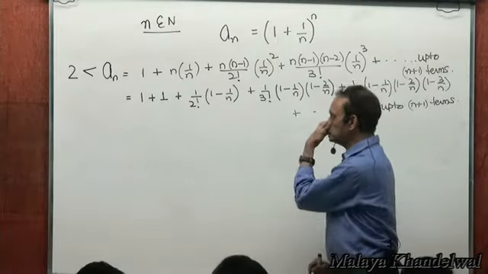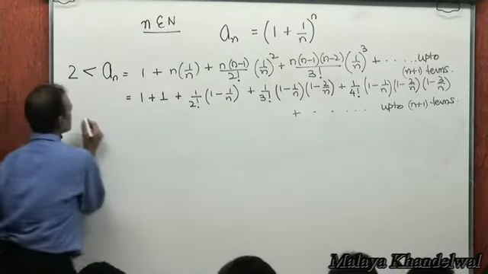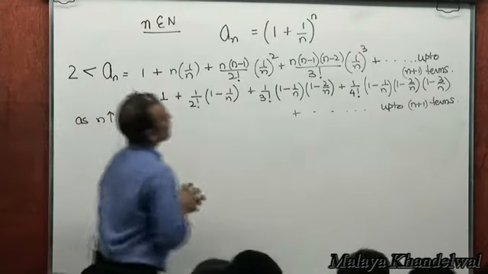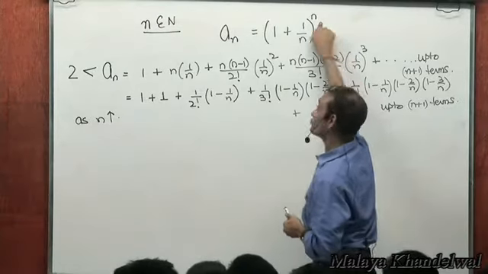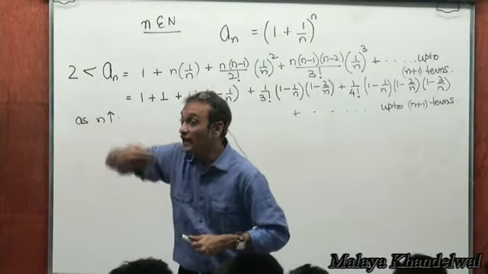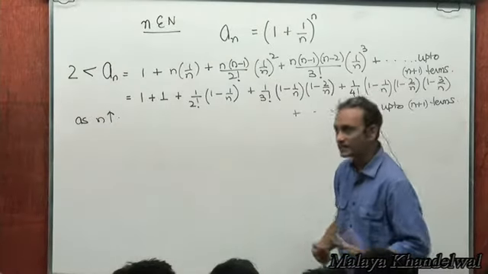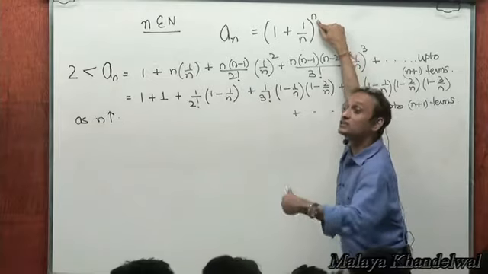Now, realize that as n increases, 1 by n will decrease, but the power will increase. So it's dubious to figure out whether an is going to increase or decrease. See, there are two opposing forces. When I increase n, then 1 by n is decreasing, but the power is increasing.